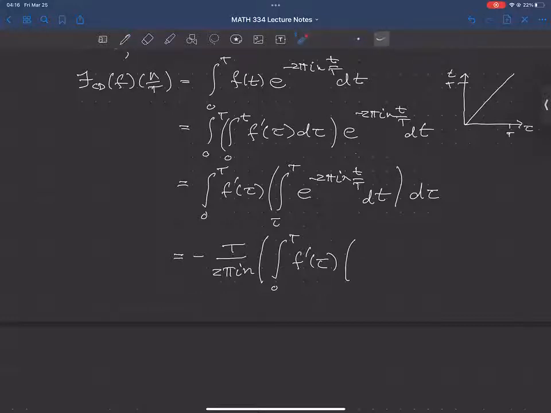I've done the division there. So it's going to be this thing evaluated at the upper limit of T and the lower limit of tau. At the upper limit of T, it's 1. So 1 minus e to the minus 2 pi i n tau over T, and then d tau.